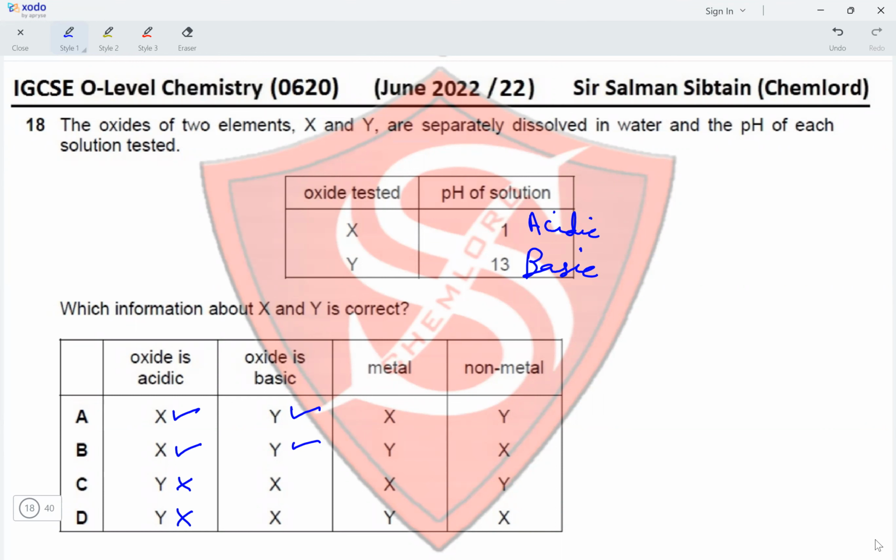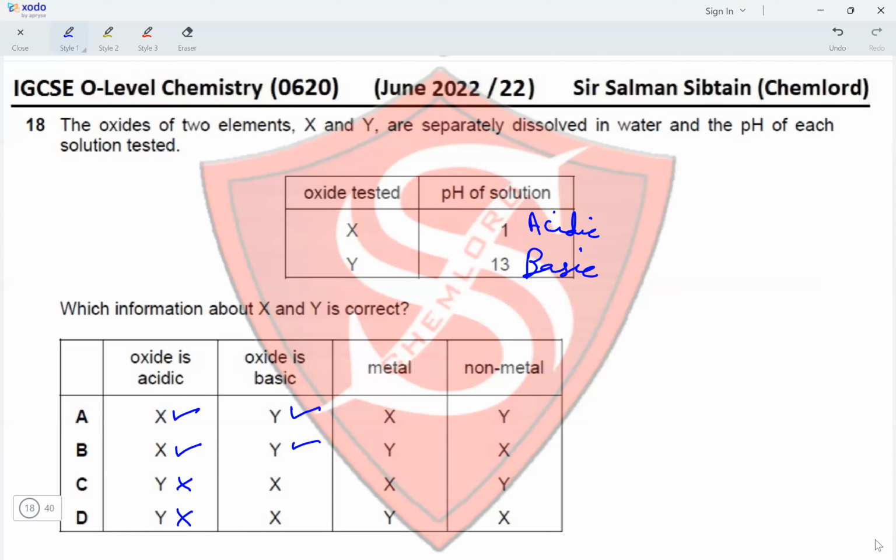Now, a basic oxide would be an oxide formed by the reaction of oxygen and a metal, like NaOH, sodium hydroxide, or Na2O, sodium oxide. Sodium is a metal.